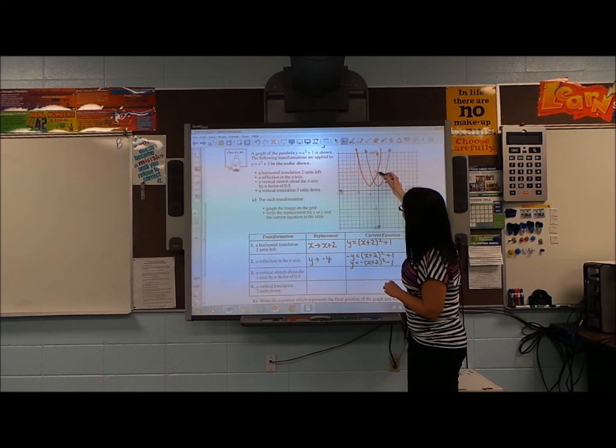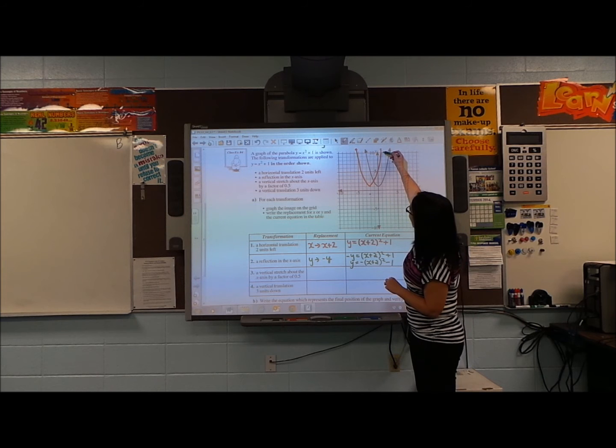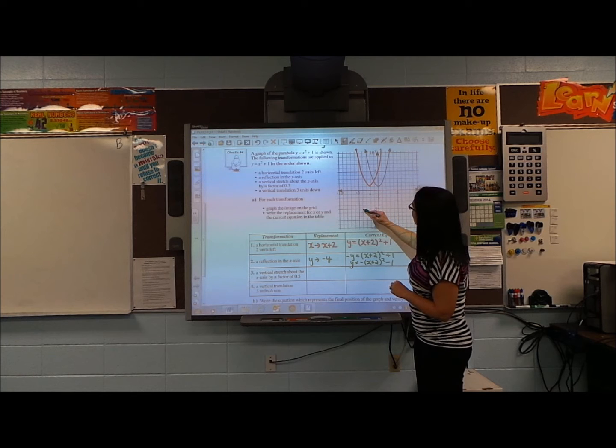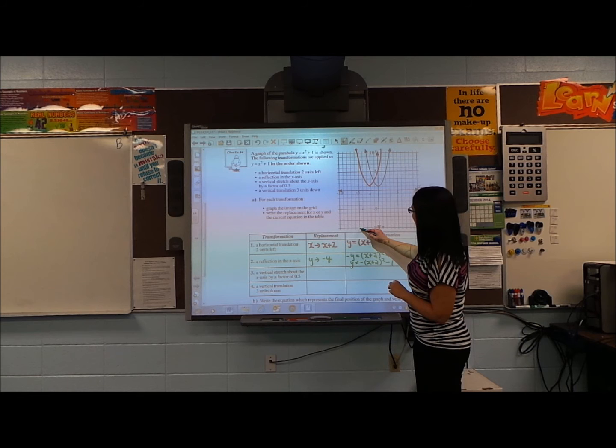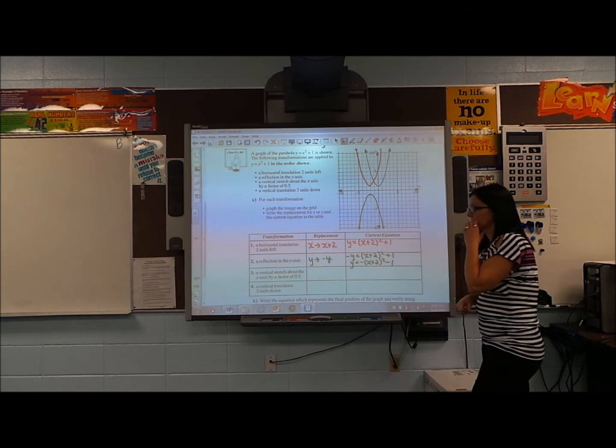Down. This is at 0 and 5, so now 0 and negative 5. 1 and 10 becomes 1 and negative 10. And this one is at... there we go. That's a better picture.